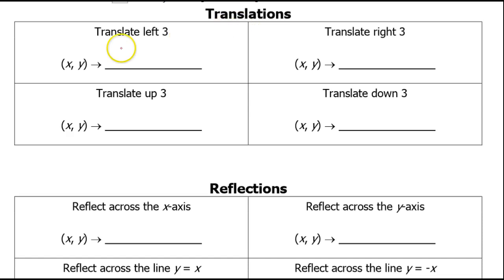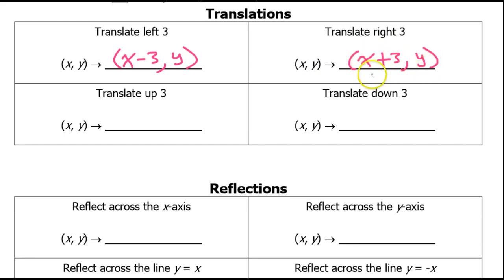So for translations, if you want to translate left 3, left is an x value change, so x minus 3. The y value will stay the same. If I want to translate right 3, that's still an x value change, but it'll be x plus 3.